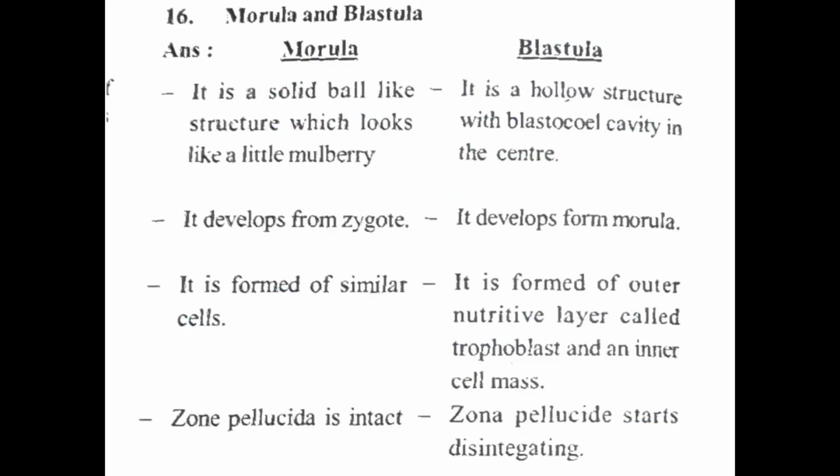What is morula? It is a solid ball-like structure which looks like a little mulberry. After fertilization, when the zygote is formed, it looks like a solid ball-like structure known as morula.